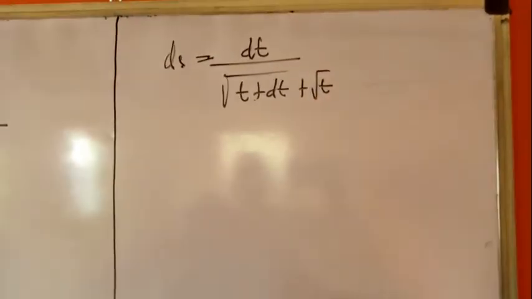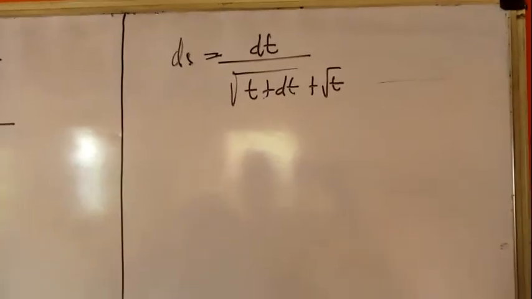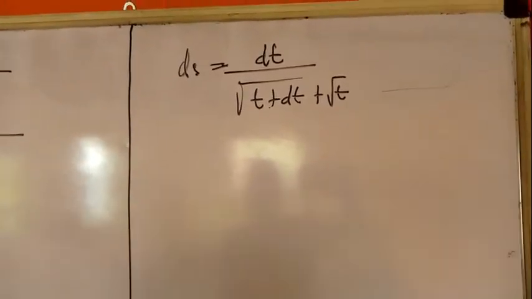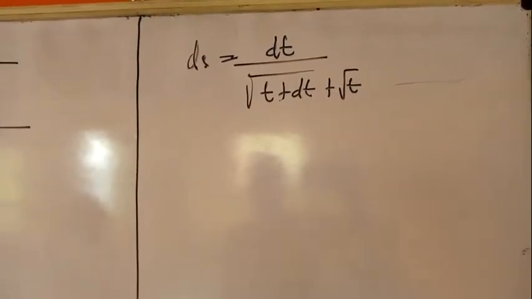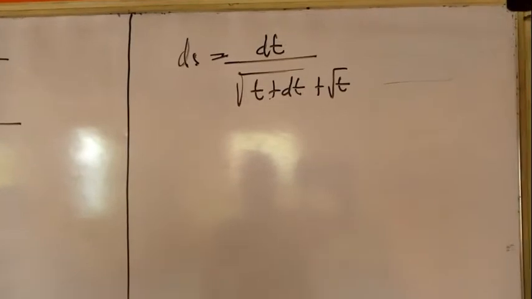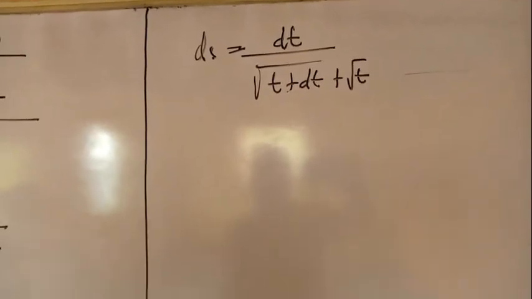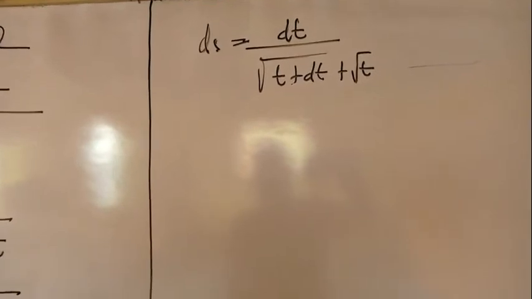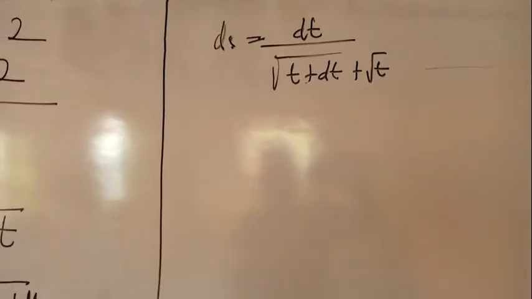So which means what you actually have now is to see how you can differentiate. You can bring out the dt, and see what you can do.